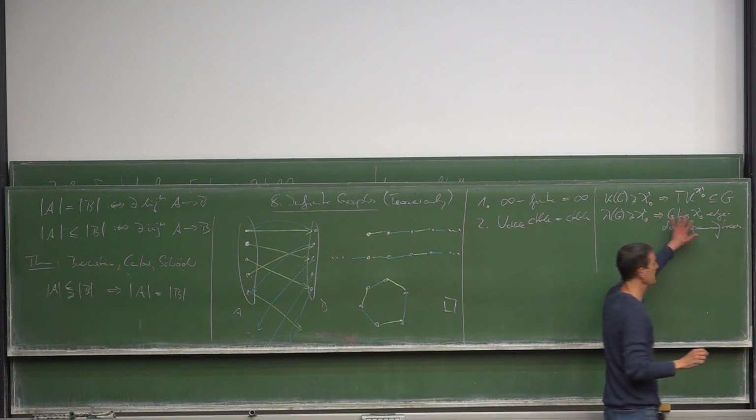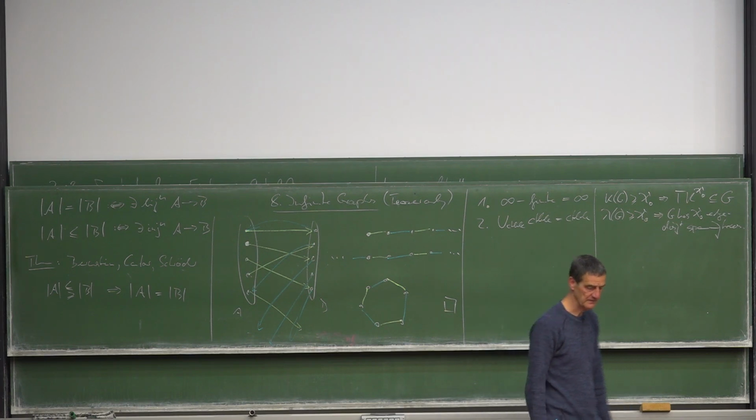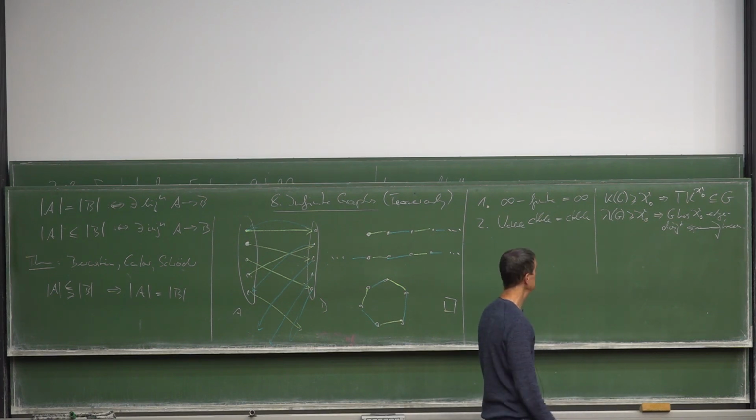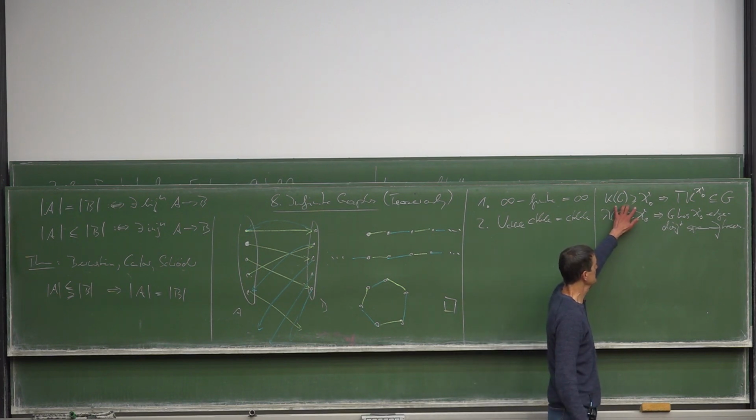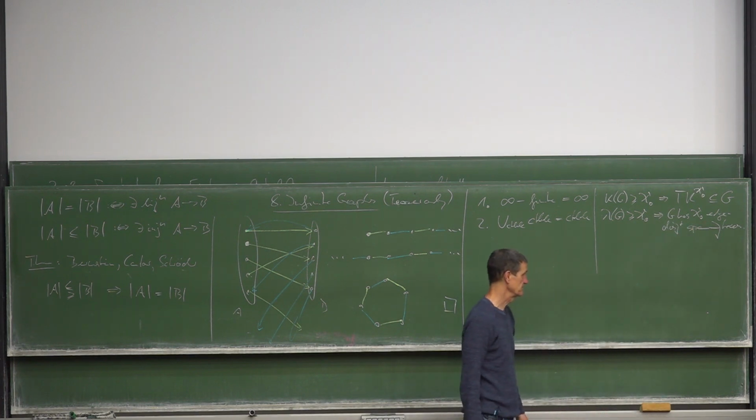Right, G is again a countable graph. Now, earlier we had connectivity infinite, now we have edge connectivity infinite, slightly weaker. And we want infinitely many edge disjoint spanning trees.